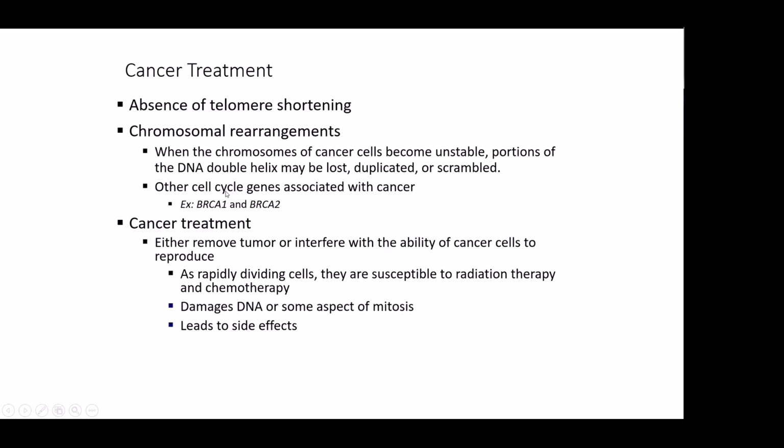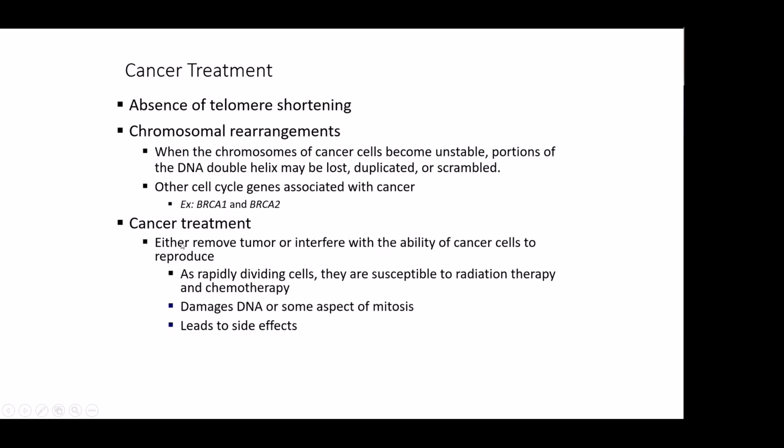Of course, there could be cell cycle genes associated with cancer, and a variety of other components of the DNA structure. So there's a variety of different ways to do cancer treatments. Of course, you hear about radiation therapy, you hear about chemotherapy.